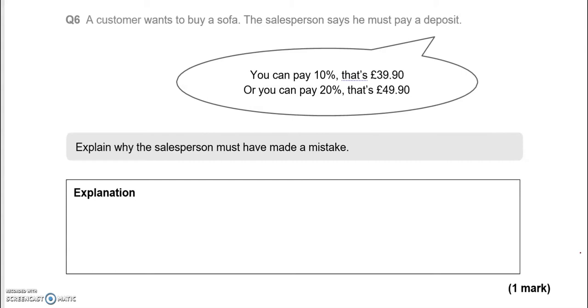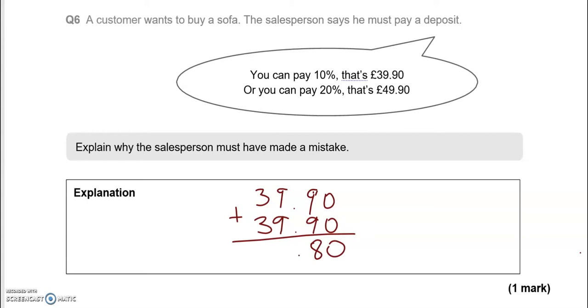I'm just going to double £39.90 and see if it's going to give me £49.90. So adding 1 over, we get £79.80 is 20%.